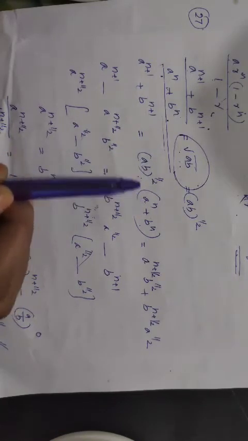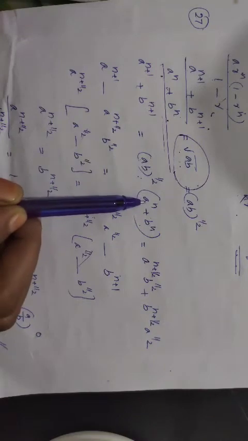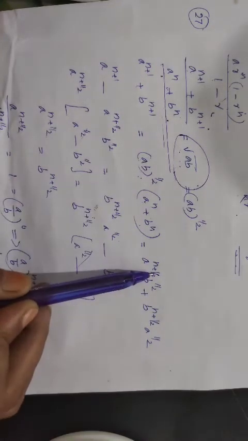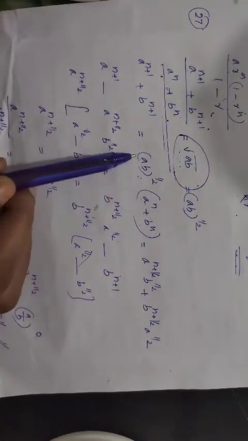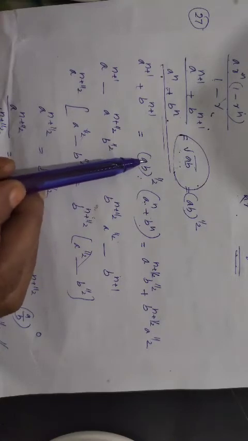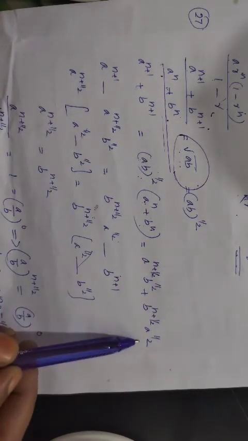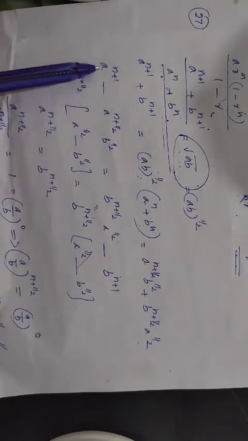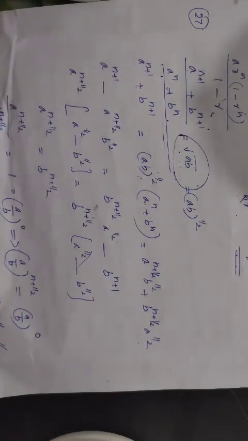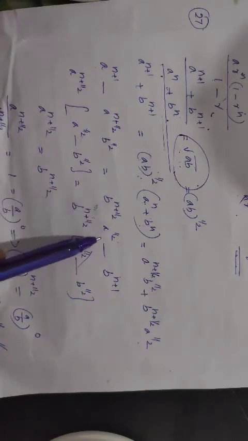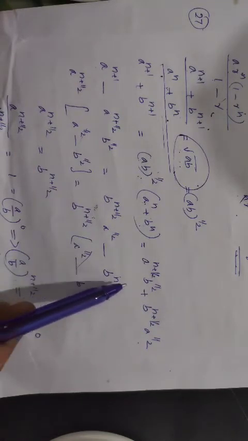Change in the bracket: a raised to half into a raised to n, a raised to n plus half, into b raised to half. Then a into b raised to half into b raised to n, that is b raised to n plus half. Okay, then grouping the terms: a raised to n plus 1 minus a raised to n plus half, b raised to half, equal to b raised to n plus half, a raised to half minus b raised to n plus 1.